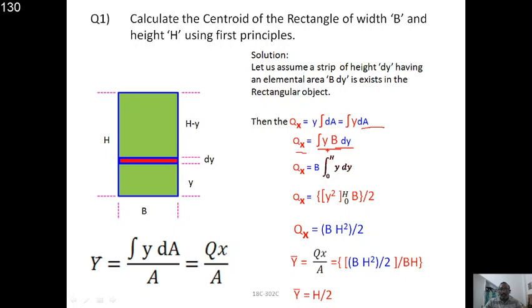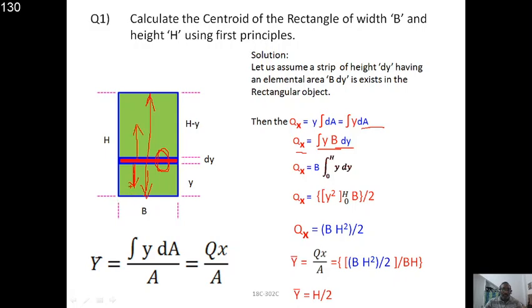Now in order to integrate it, I require the boundary conditions. So this particular differential element can travel from the bottom to the top, like this it can travel.